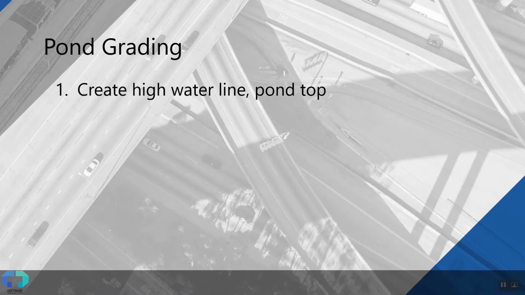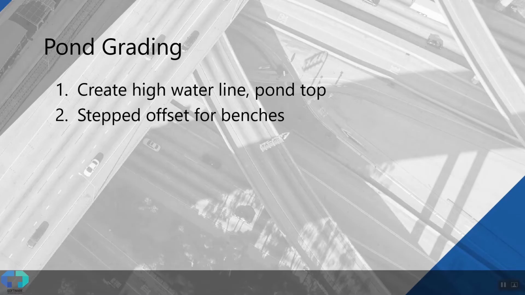So, a quick workflow. We're going to do some pond grading. Like I said, this is going to be a beginner level type approach, but I just want to make sure we understand the basic use of these tools. So I start by creating a high water line or a top of pond line with a polyline, and then I do some stepped offsets to generate benches for that pond.